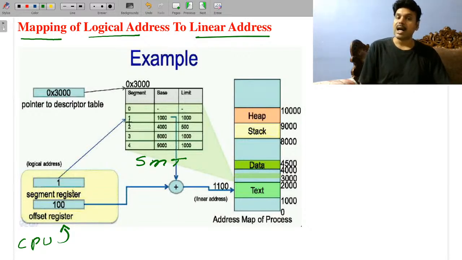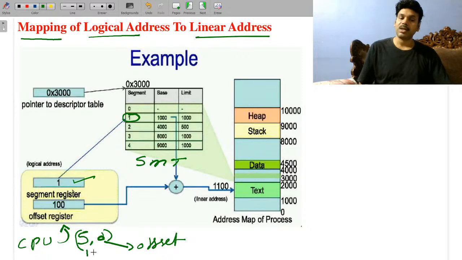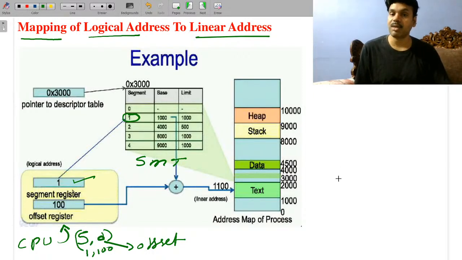I am requesting segment number 1, as the CPU is asking. The CPU generated address is in the form S comma D, where S is the segment number and D is the segment offset. I am requesting segment 1 and the 100th instruction as the offset.